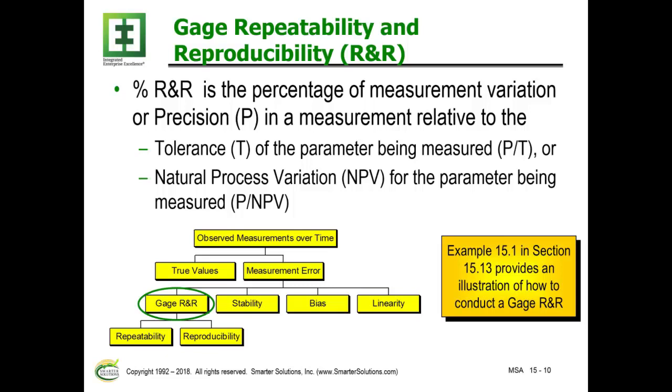Repeatability and reproducibility is shown in the lower left-hand corner. Repeatability is asking, does an operator or an inspector get the same value if they were inspecting the same part again? Reproducibility is whether different inspectors get the same value when measuring the same part.